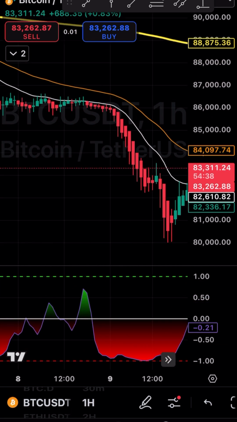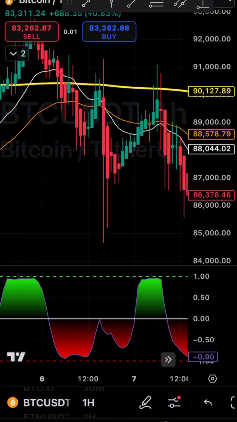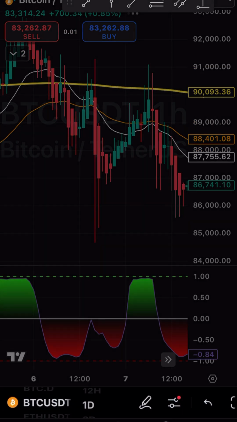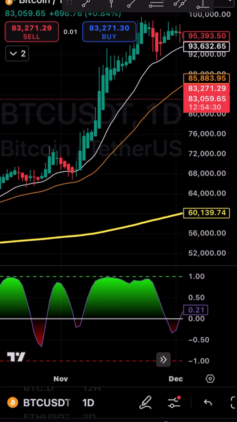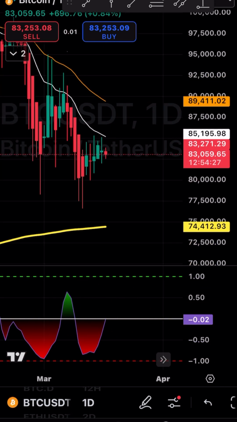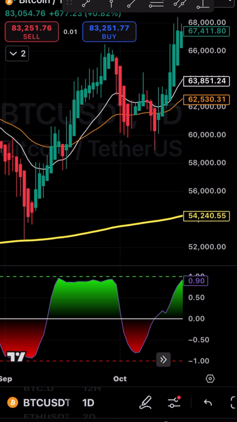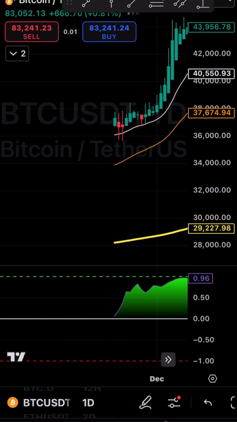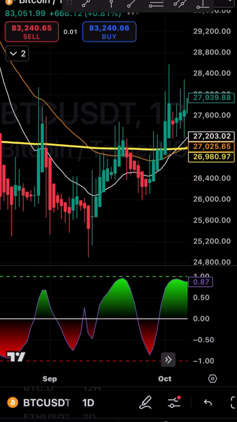What I first would do is focus on when they're crossing. I would go to a longer time frame, like the daily. I look on the daily and I look for the last time that all three moving averages crossed, which was a long time ago. Right there.